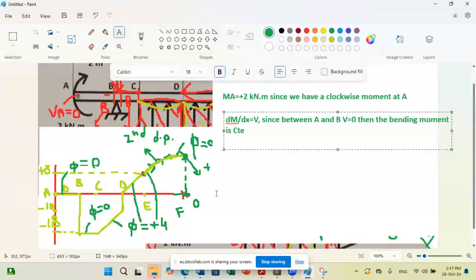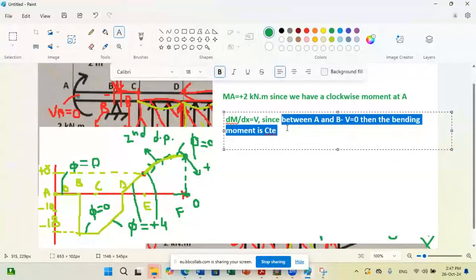Now what will happen suddenly at B? Suddenly at B, the shear will become equal to minus 18. So this is between A and B minus.